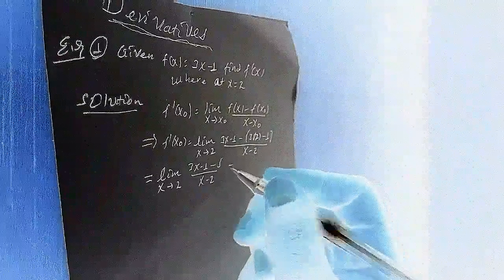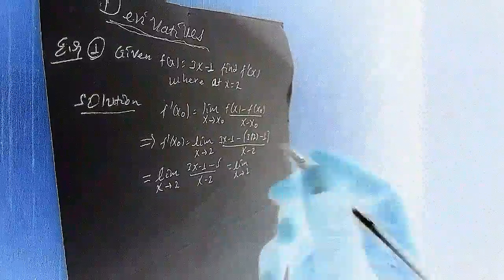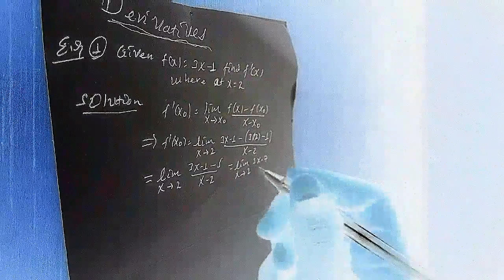This equals the limit as x goes to 2 of (3x - 6) over (x - 2).